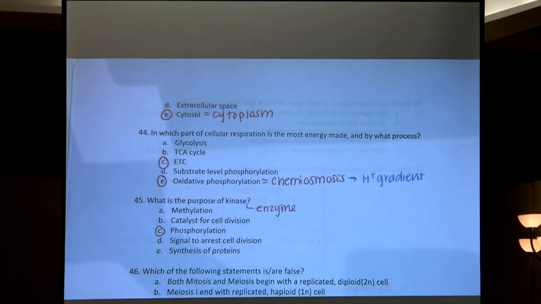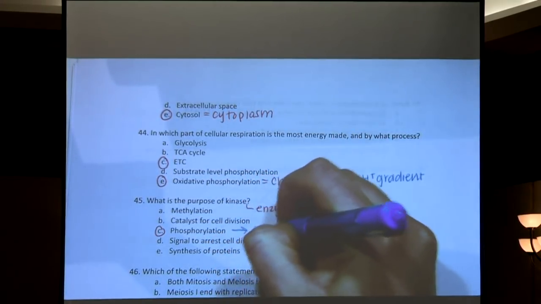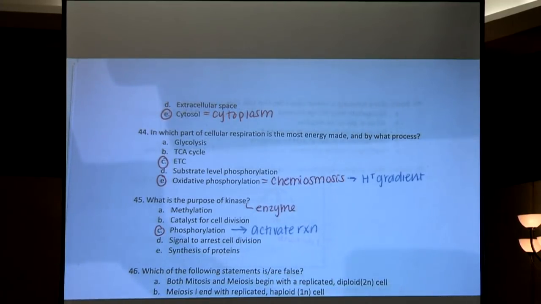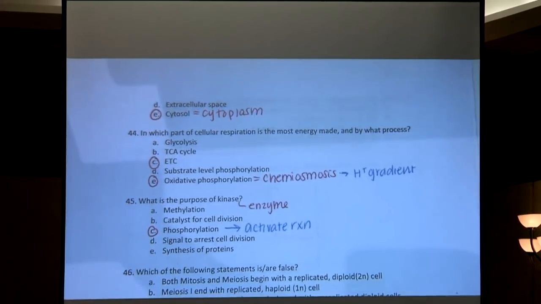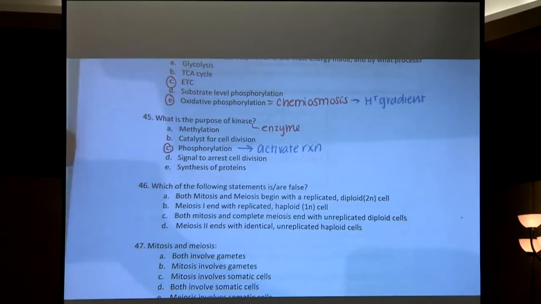So just keep that in mind. Enzymes catalyze reactions. When we say phosphorylation, this phosphorylation is allowing us to activate a reaction, all right? So if it's phosphorylation, we're going to try and activate the reaction, not inhibit it, all right?